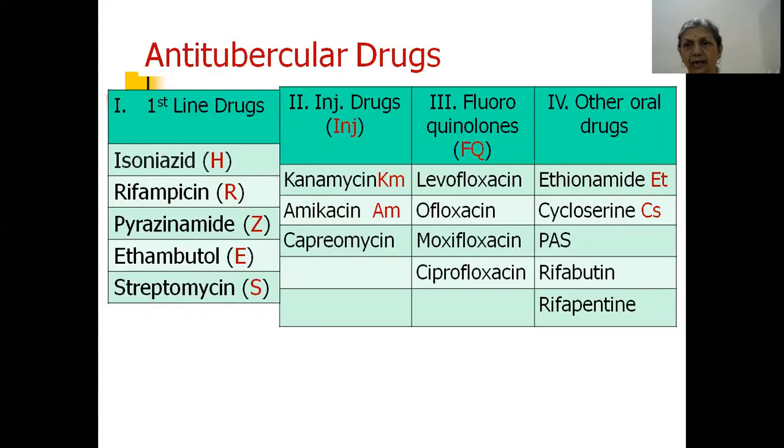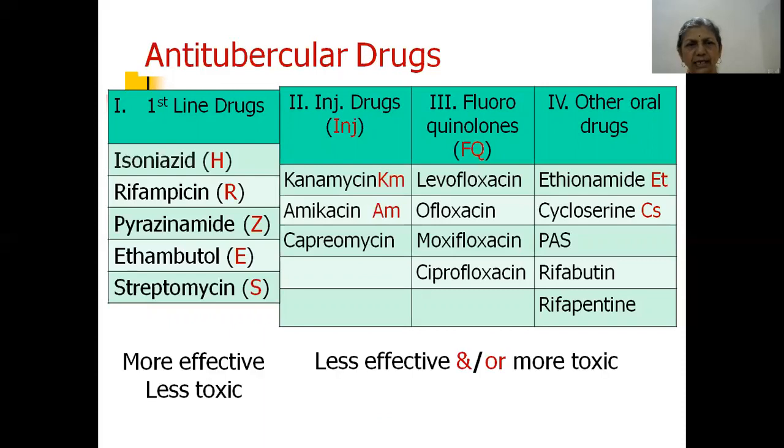Group 5 is other oral drugs, which also have become necessary to be used in these treatment regimens. Obviously, the first line drugs, the first 5 drugs were chosen because they are more effective and less toxic, and these subsequent groups which are included are either less effective and or more toxic than the first line agents.